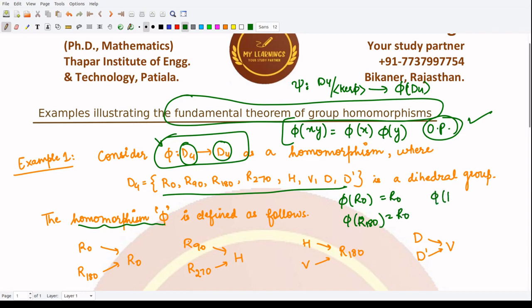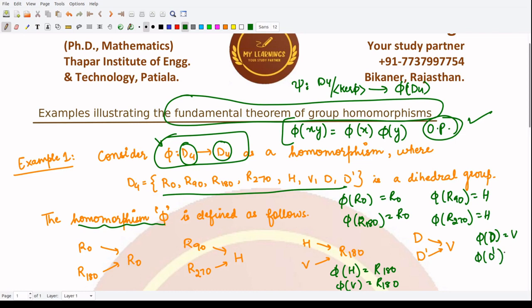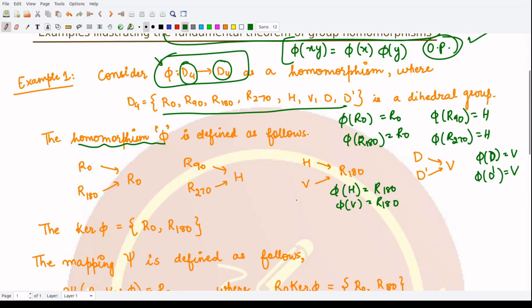Phi of R90 goes to H, phi of R270 also goes to H. Similarly, phi of H goes to R180, phi of V goes to R180. Phi of D goes to V, and phi of D dash goes to V again. So we have this mapping which gives us a homomorphism.